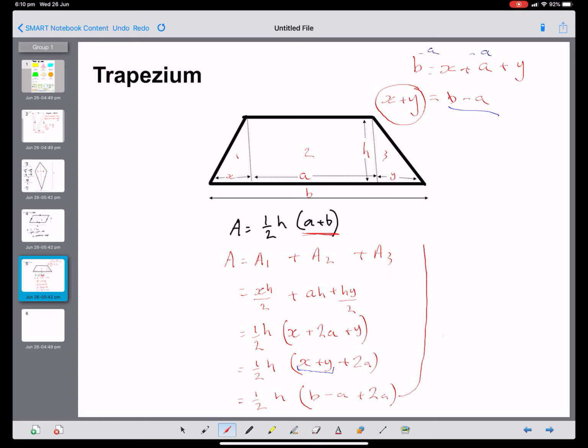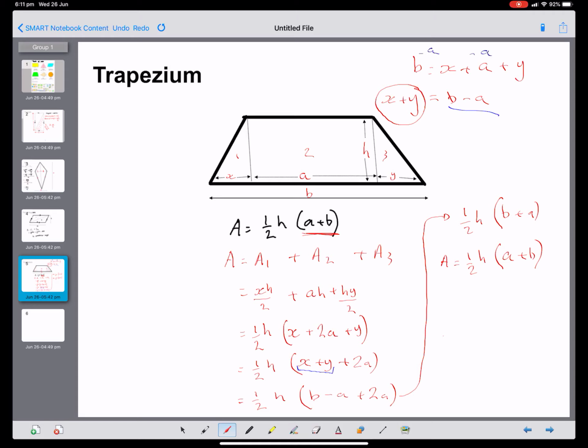So let's move up here. So let's simplify then. Half H B, 2A minus A is just A, and then I'm left with my formula half H A plus B.